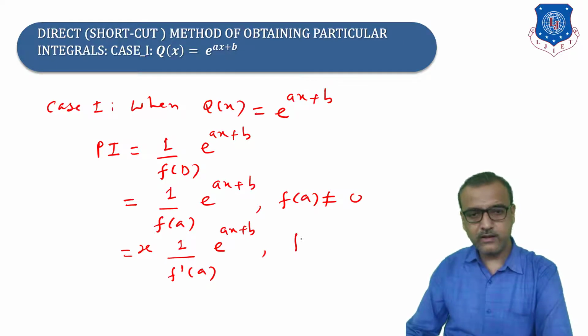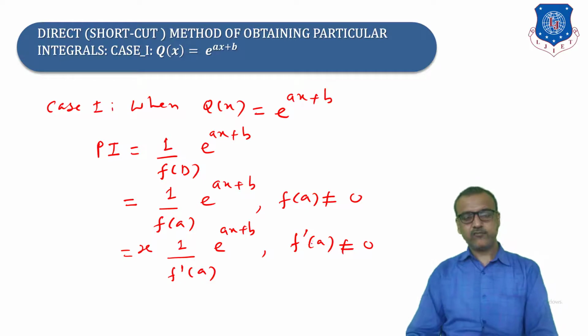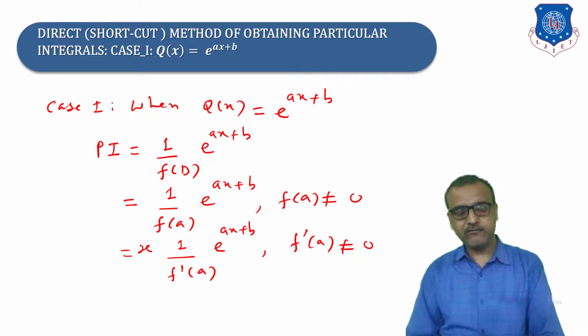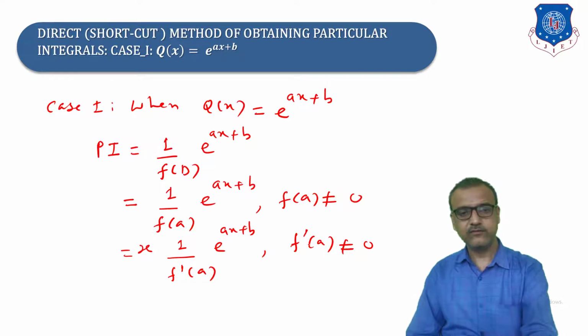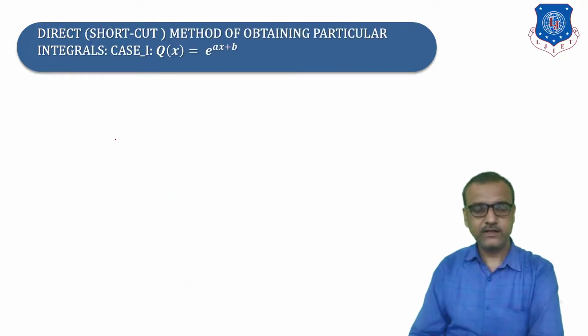But if f dash a becomes 0, then what to do? In that case we differentiate f of D once again, multiply the result by x square, and replace D by a.